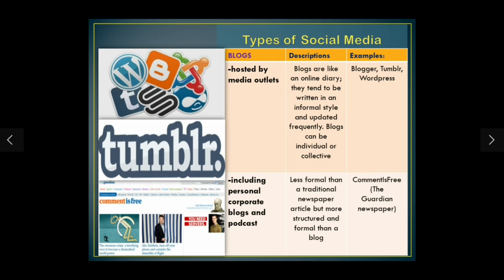Previously, we had a book, a diary for us to write every day. This environment has been changed into the online environment. A blog can be hosted by an individual as well as a community or more than one person. It includes personal, corporate blogs and podcasts.